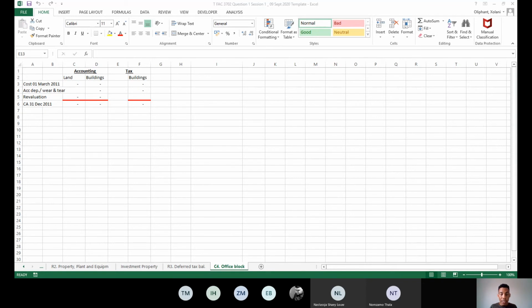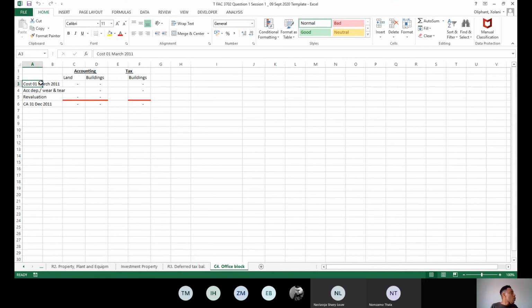My assumption is if there is no specific item required, then you will need to account for all of them, because the mark allocation needs to guide you. In this case, our question is missing the office block. That's what is missing, so now we're going to do the office block.